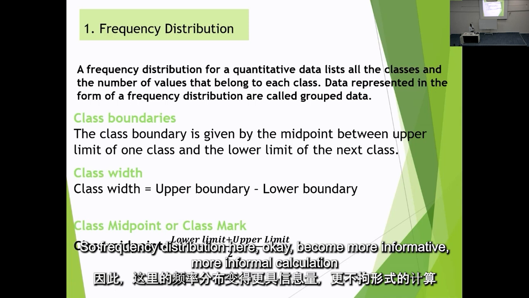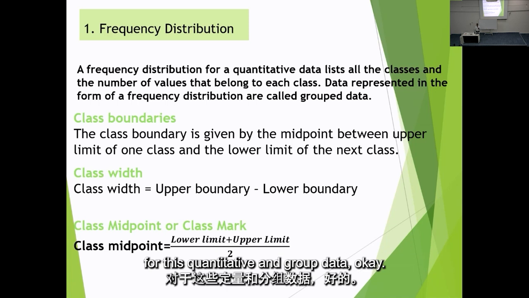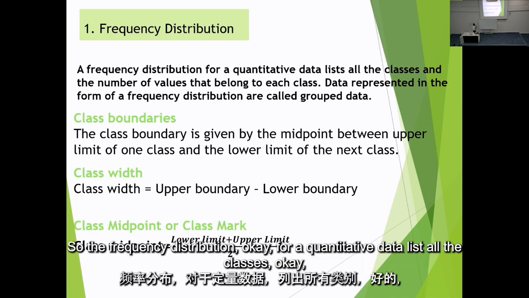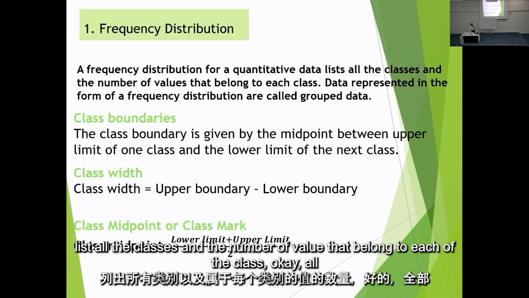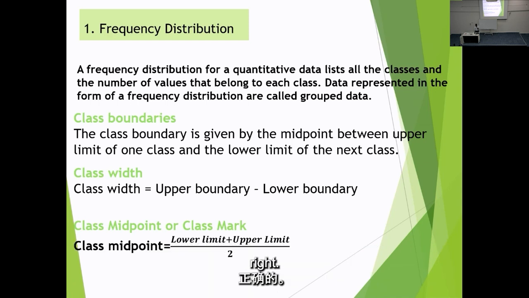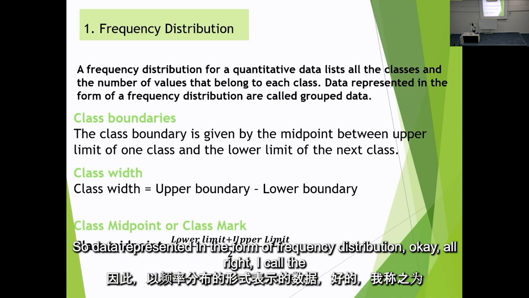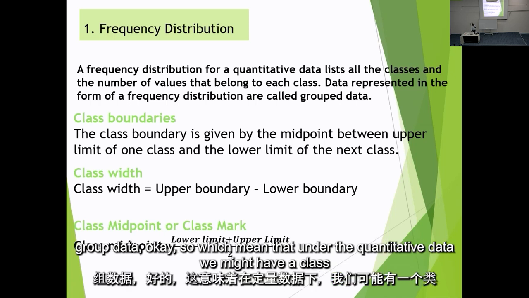The frequency distribution here becomes more informative, with more calculation for quantitative and group data. The frequency distribution for quantitative data lists all the classes and the number of values that belong to each class. Data represented in the form of a frequency distribution are called group data.